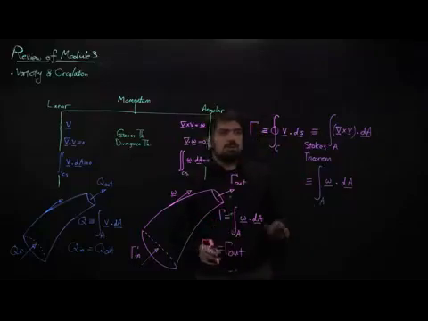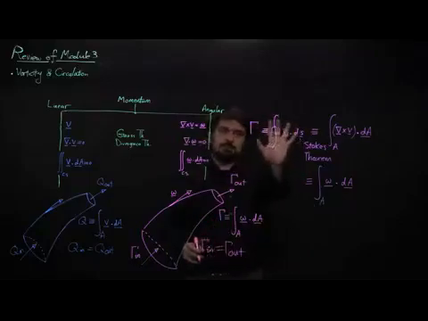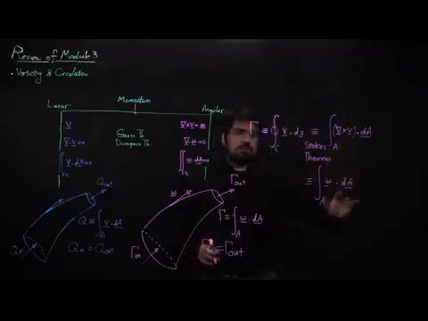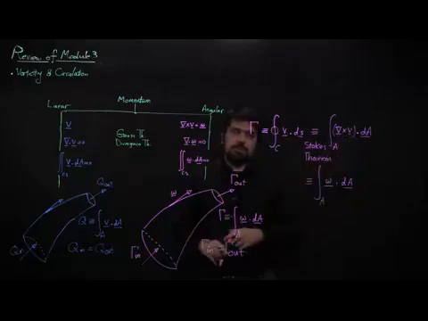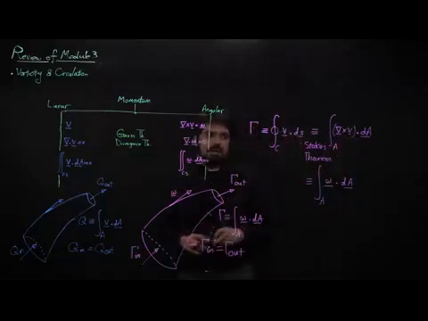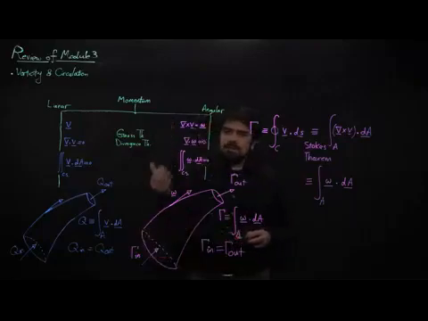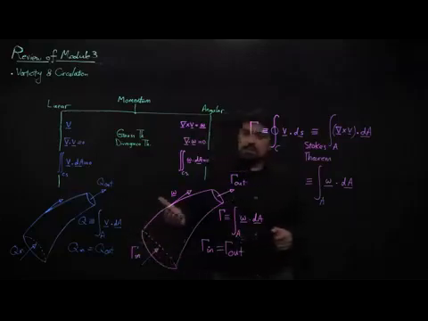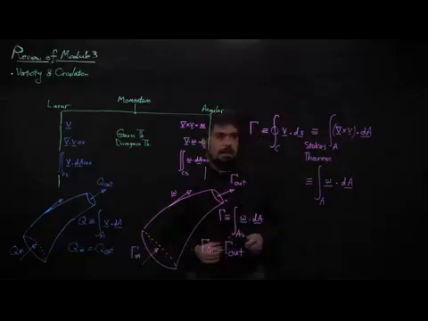In other words, whether you think of circulation as a line integral of velocity around the closed curve, or the flux of vorticity crossing the area enclosed by that curve, these two are equivalent, and the idea that directly comes from simple principles in angular momentum suggests that this circulation remains constant along the vortex tube that you have drawn.